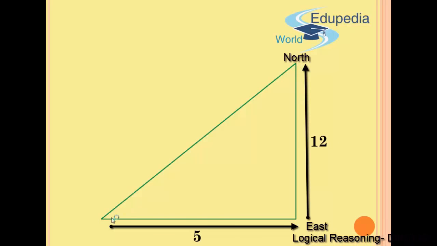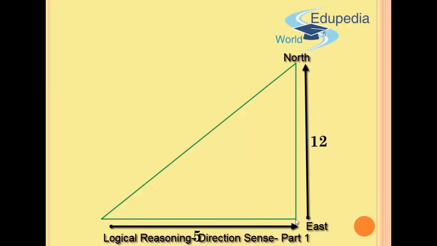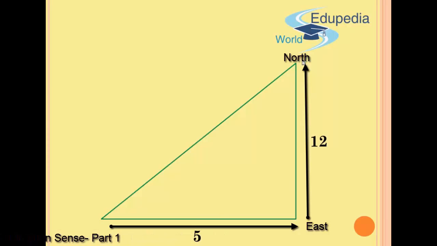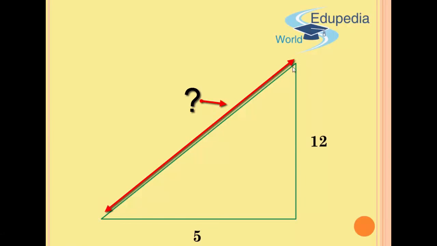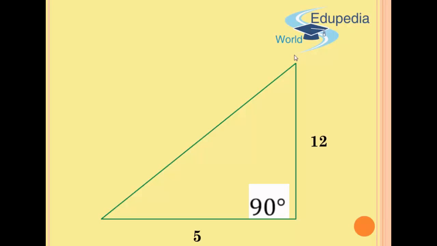So I have a line extending for 5 kilometers towards the east, and then a line extending for 12 kilometers to the north, and I have to find out how far away I am from my starting point. Basically I have to find out this diagonal straight line, this distance. Now, as you can see, we have a triangle. This figure makes a triangle and it is a right angled triangle.